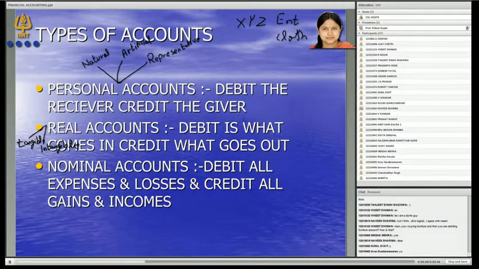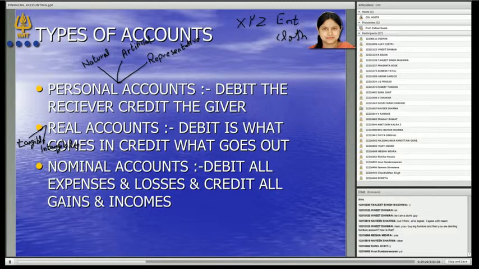Who is the receiver of the goods? Arvind. So Arvind debit to sales. Goods are going out, so sales would be credited. Arvind becomes your debtor. Just check the entry. Is it clear with everyone?